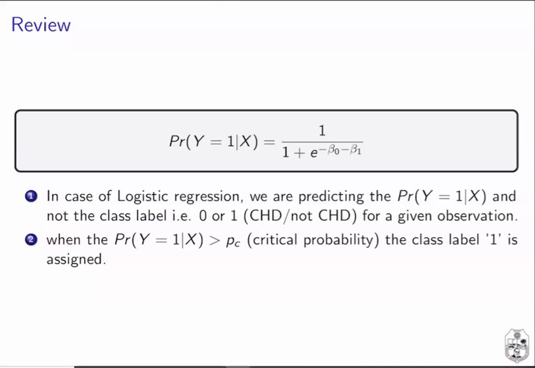In the case of logistic regression, we are not predicting actual levels for a given observation, but we are predicting the probability of a particular observation belonging to class 1 using the sigmoid function, which is equal to the reciprocal of 1 plus e to the power of minus beta 0 minus beta 1 times x, and here beta 0 and beta 1 are our model parameters, and these model parameters can be estimated using different methods.